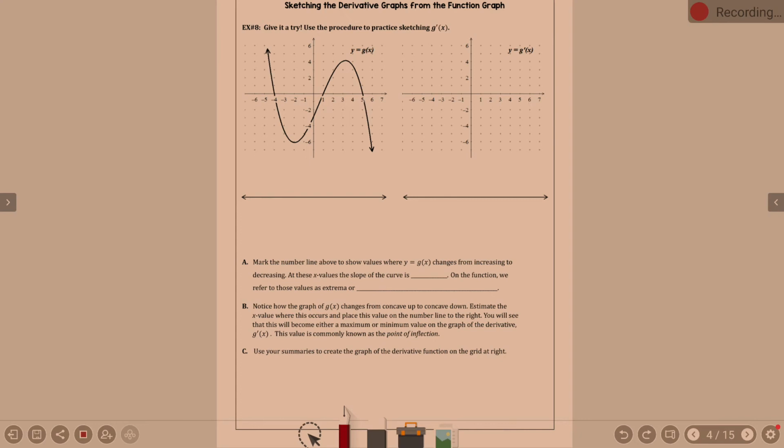Okay. So we have this graph here, yes? Let's talk. So let's start by talking about decreasing and increasing.